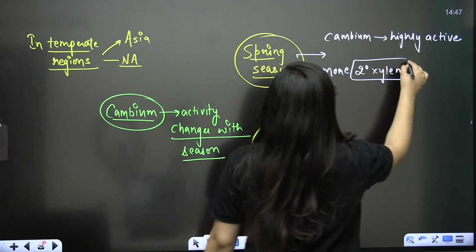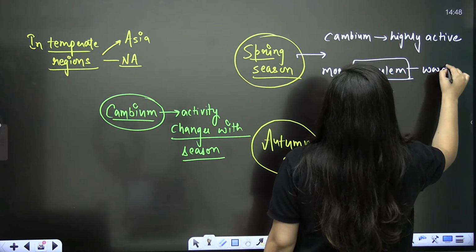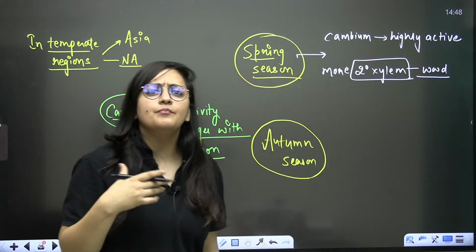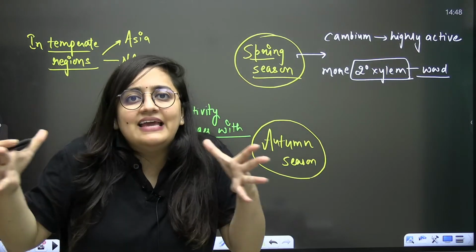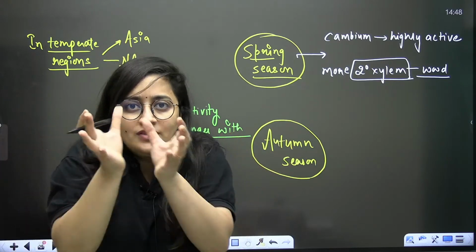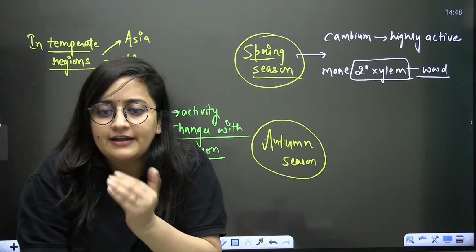Actually, this secondary xylem is the wood. Like in the case of dicots, you can take the example of any dicot tree. You know that thick stem is there. That woody part is majorly your secondary xylem.